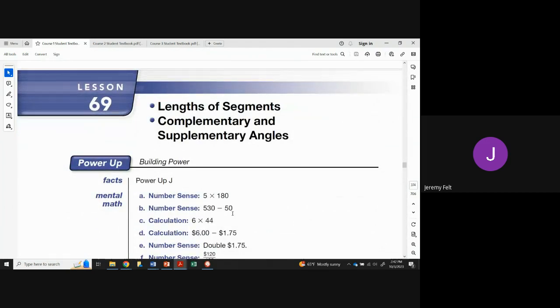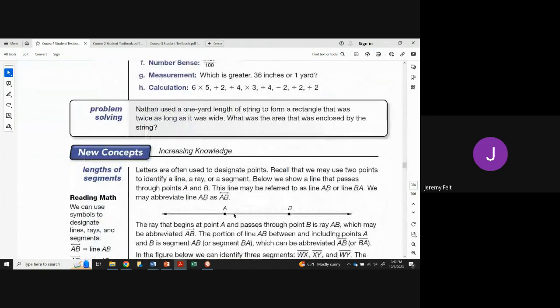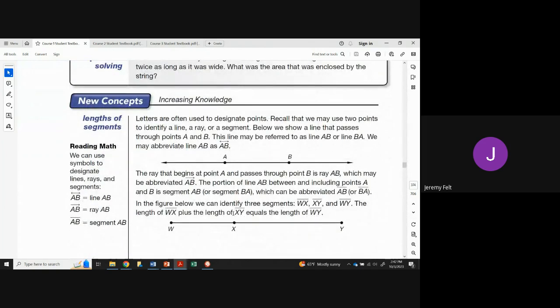All right, lesson 69, lengths of segments and complementary and supplementary angles. So letters are often used to designate points, like points A and B. Below, we show a line that passes through A and B. It's referred to as the line AB or BA. Doesn't matter. Going A to B or B to A, we still have a line.